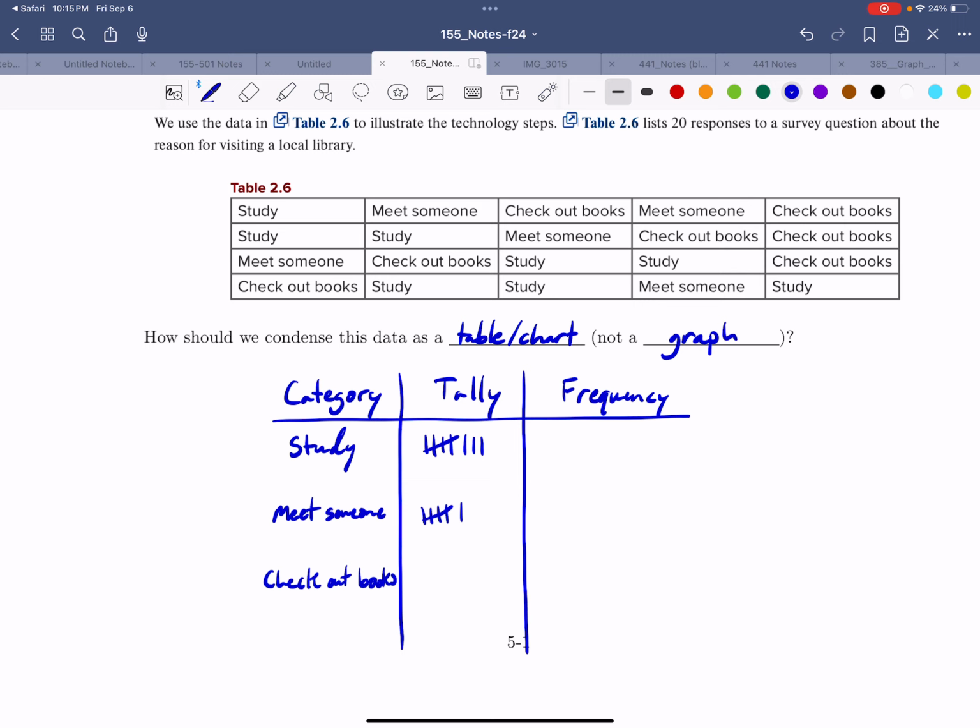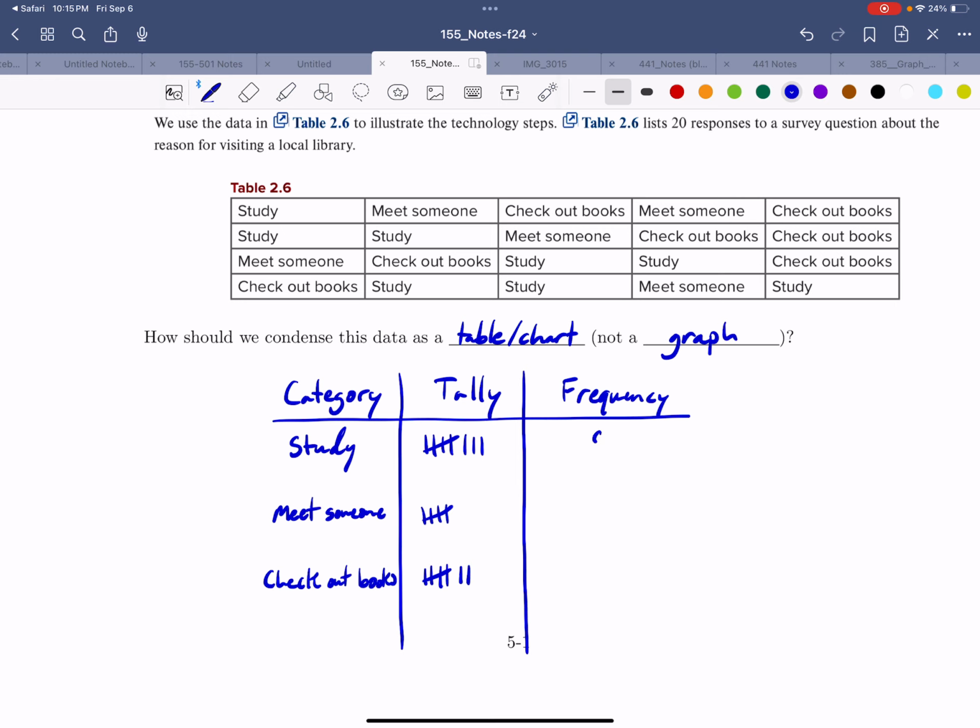No, I guess I see only 5. I lied. No, only 5. And then if there are 20, I would expect to see 7 for check out books. And sure enough, I see it 1, 2, 3, 4, 5, 6. Oh, no, 1, 2, 3, 4, 5, 6, 7. Yep. All right, so that's our tally.